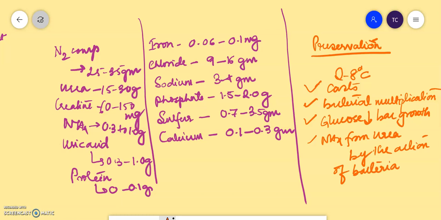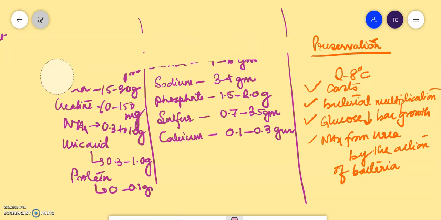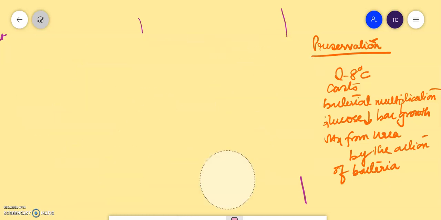Next, you can use various types of preservatives like toluene, formalin, thymol, chloroform, commercial preservatives, etc. So next comes the type of analysis, the types of urine analysis.